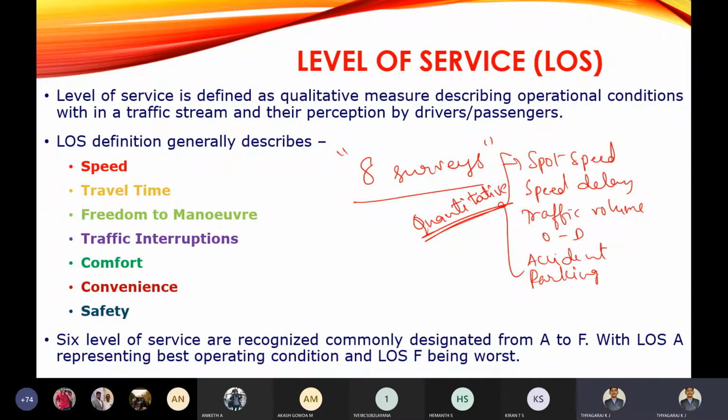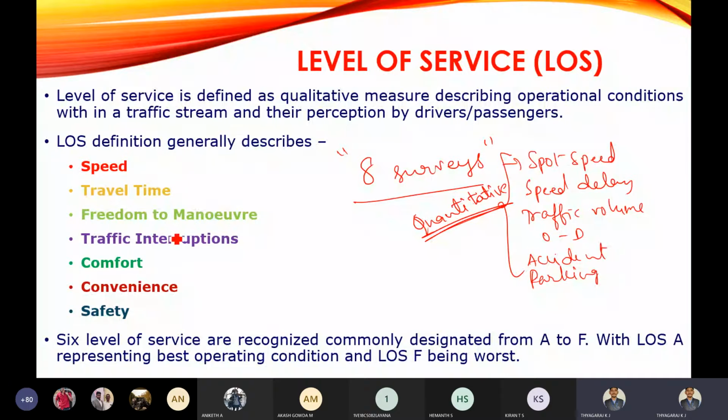This is the quantitative method of analyzing the traffic. But today we will be seeing the qualitative, that is, by quality, how we are going to assess the road.